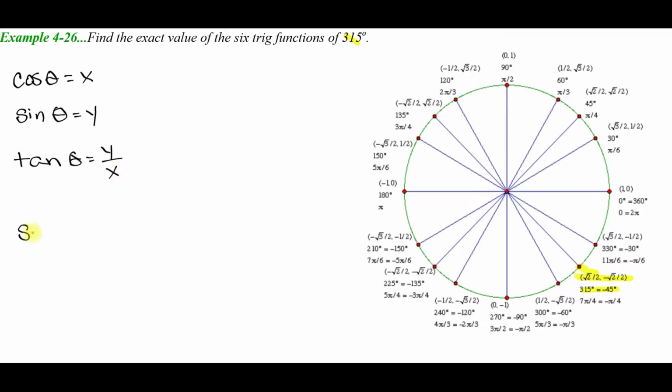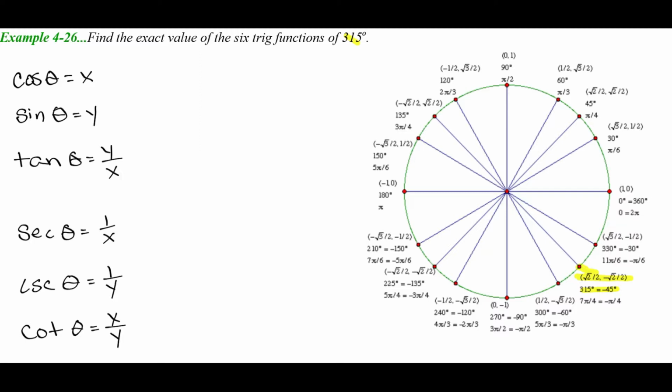So remember, secant is the reciprocal of cosine. So the secant of theta would just be 1 over x. The cosecant is 1 over y. And then cotangent, remember, is the reciprocal of tangent. So I can just flip the y over x and make that x over y.